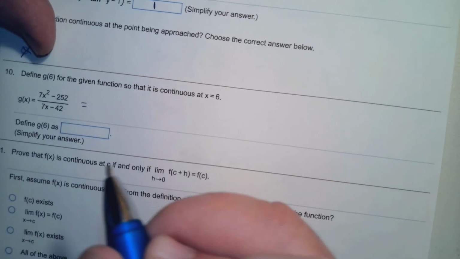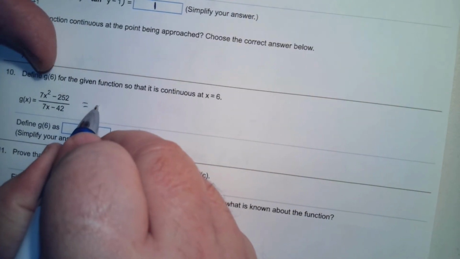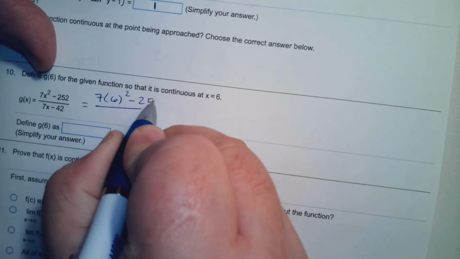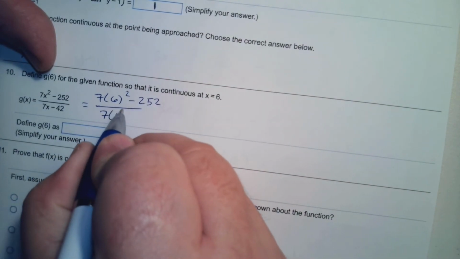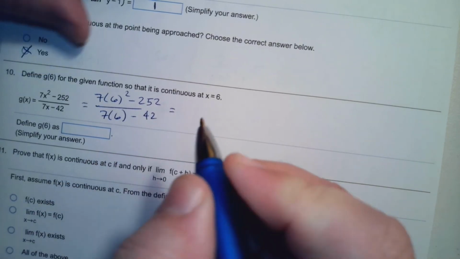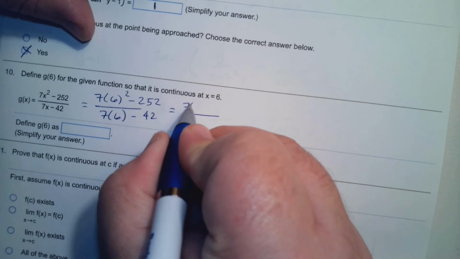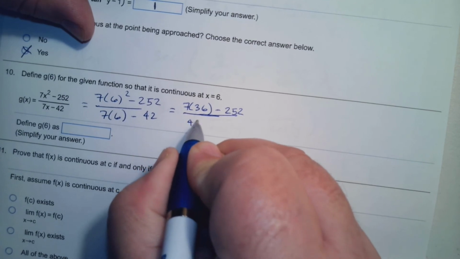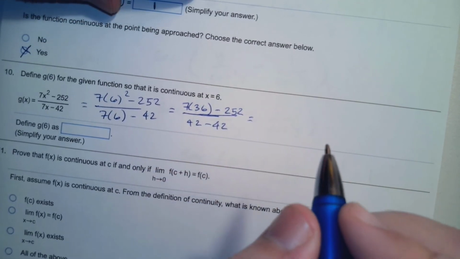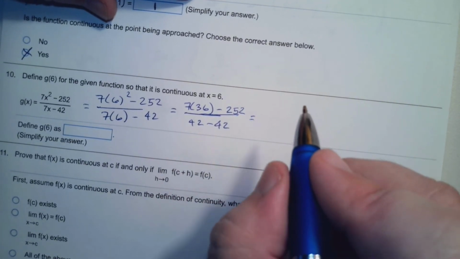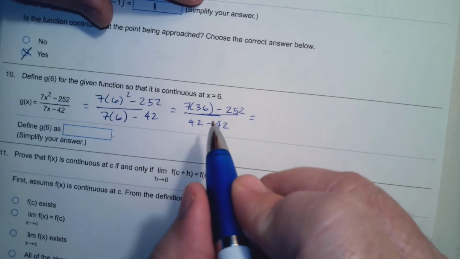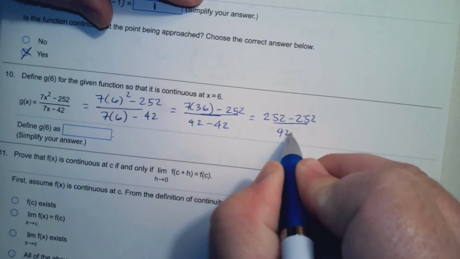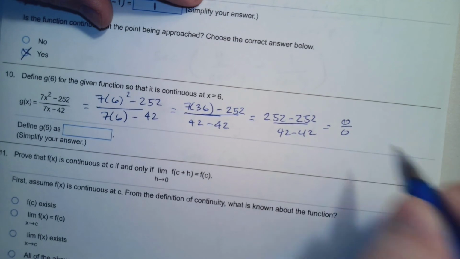Okay, so we have 7 times 6 squared minus 252. 7 times 6 minus 42. 7 times 36. 42 minus 42. 252 minus 252, 42 minus 42, we got 0 over 0.